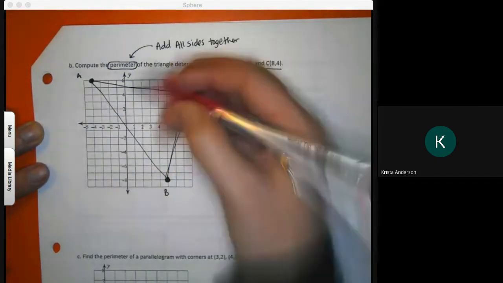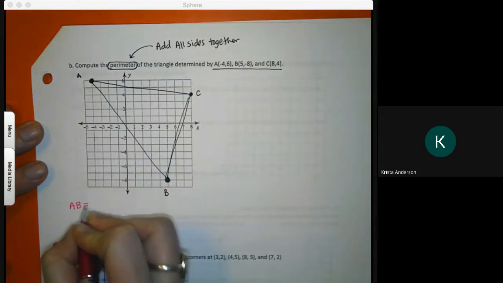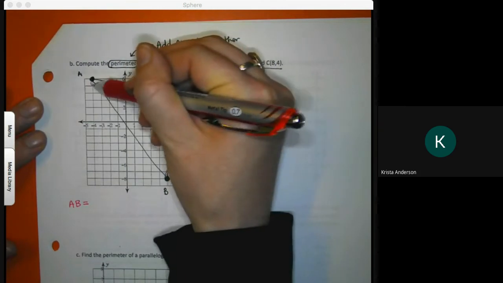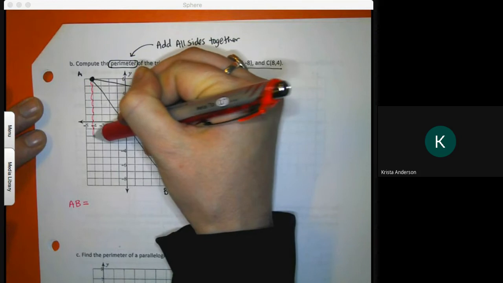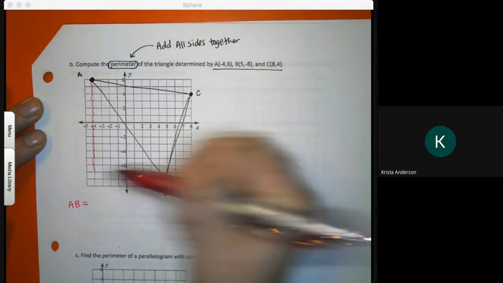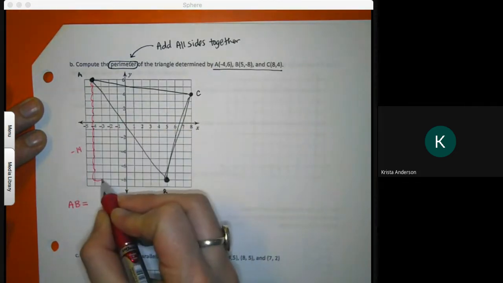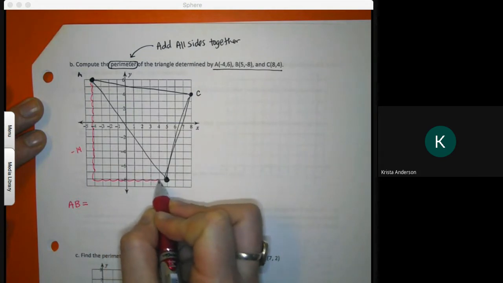Then I can find A to B. I would go down 1, 2, 3, 4, 5, 6, 7, 8, 9, 10, 11, 12, 13, 14, over 1, 2, 3, 4, 5, 6, 7, 8, 9.